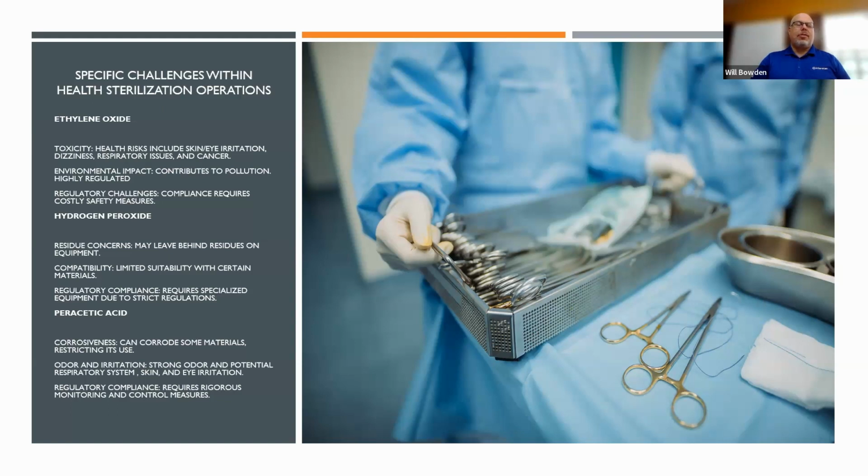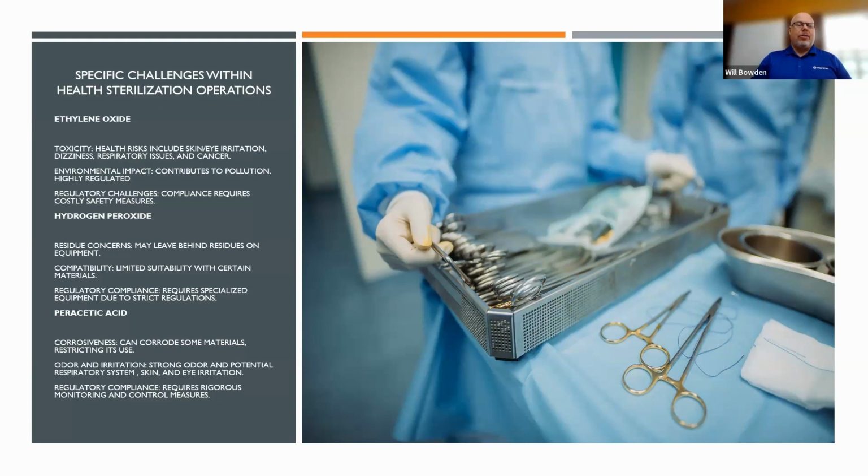And then the next item would be compatibility. We have limited suitability with certain materials. Exposure to hydrogen peroxide can degrade some materials over time. And thirdly, we have regulatory compliance. We require specialized equipment due to strict regulations with OSHA and EPA backgrounds here in the US.